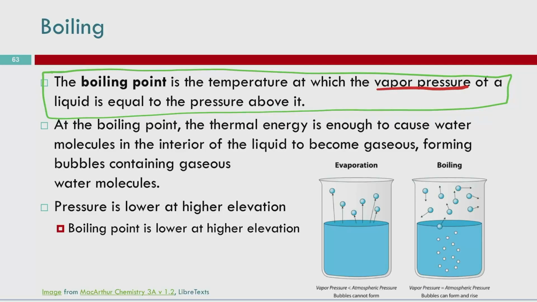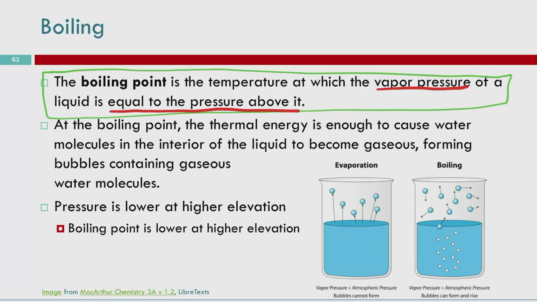Its willingness to go into the air increases; its vapor pressure increases as temperature increases. We've got a slow increase of our vapor pressure, and at some point our vapor pressure hits the atmospheric pressure, the pressure around it. When it hits that point, it's boiling, equal to the pressure above it.